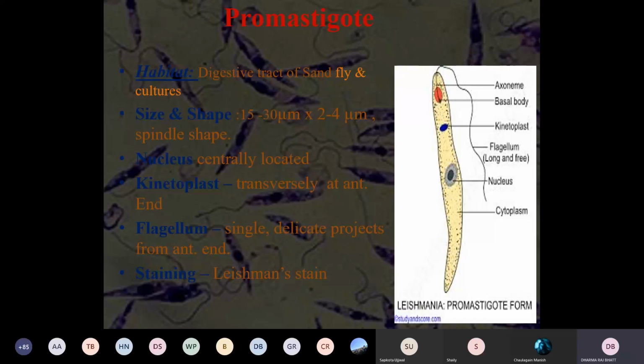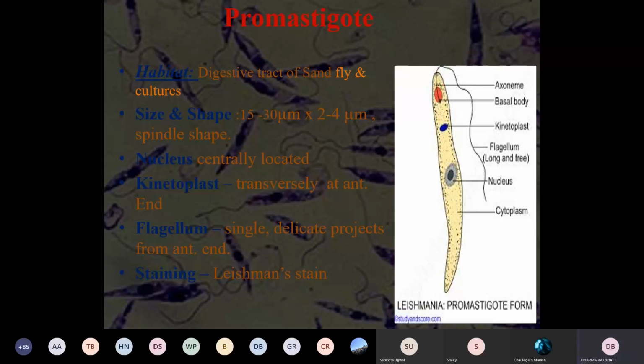Like the amastigote form, this also has a nucleus which is centrally located, a kinetoplast, and a single flagellum which projects from the anterior end.